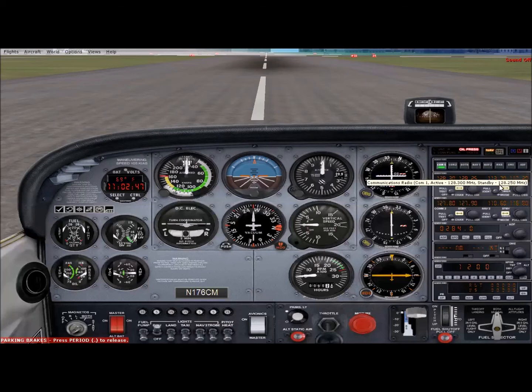So we will put this nav switch here, Bombay ILS frequency, which is 110.30. So we'll set this 110.30 and make it active. You can see here nav1. This is nav1. This is nav2. This is the ADF, a different instrument.